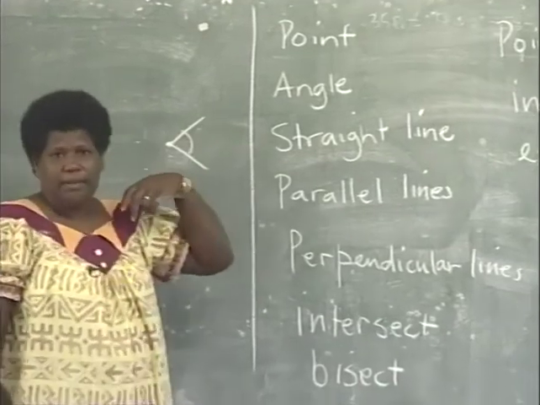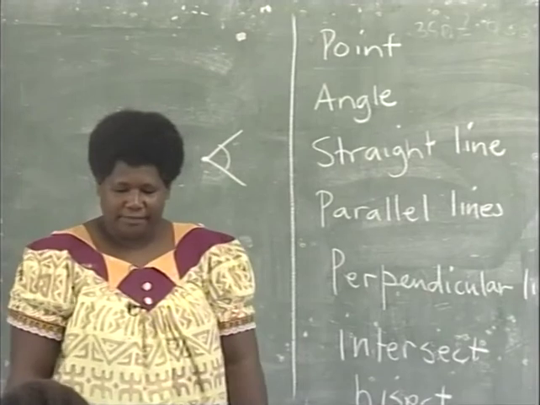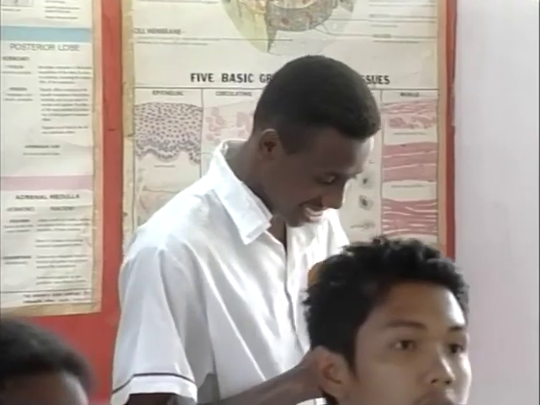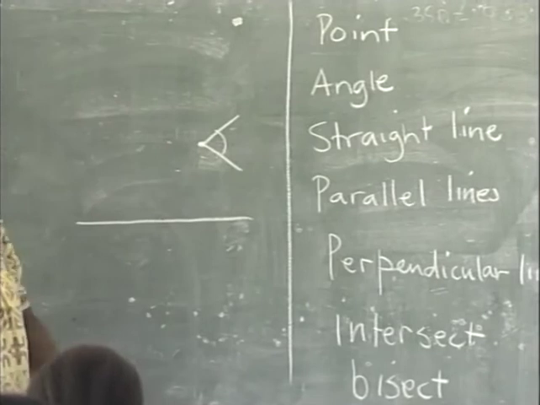A straight line, what is a straight line? Patrick. A straight line is a line that runs across. Okay, that's good enough.